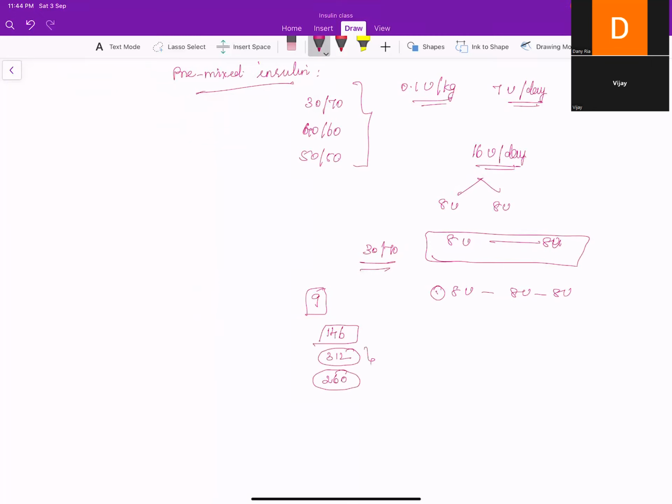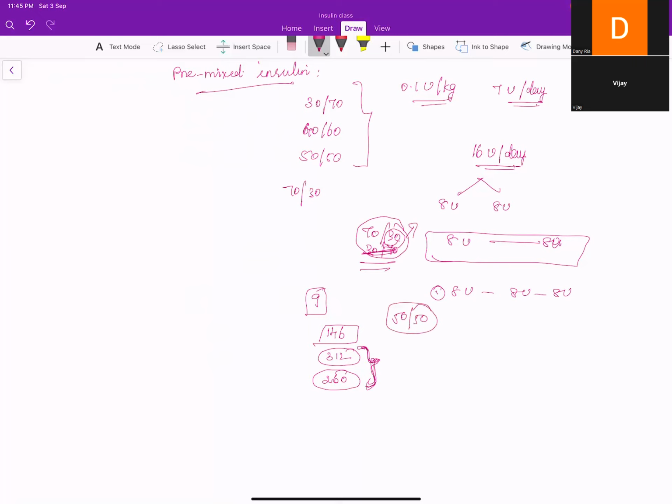That is obvious from the sugar values, right? It is very clear that we have to increase the bolus in this case. So if the patient is initially getting 70-30 combination, 70 and 30 R, we can change this to a higher R regimen. We can change it to a 50-50 regimen.